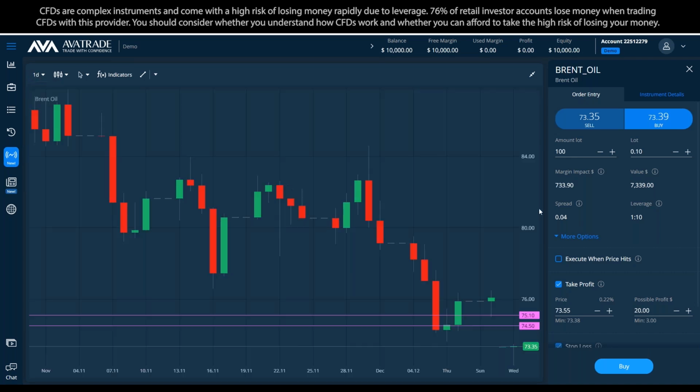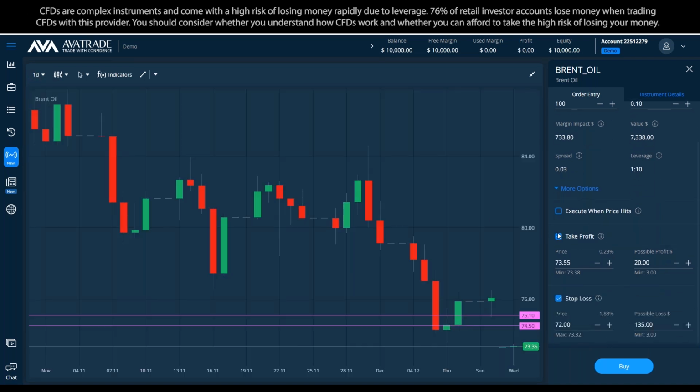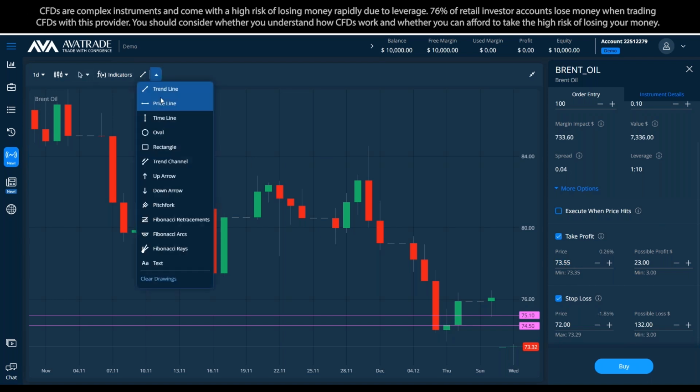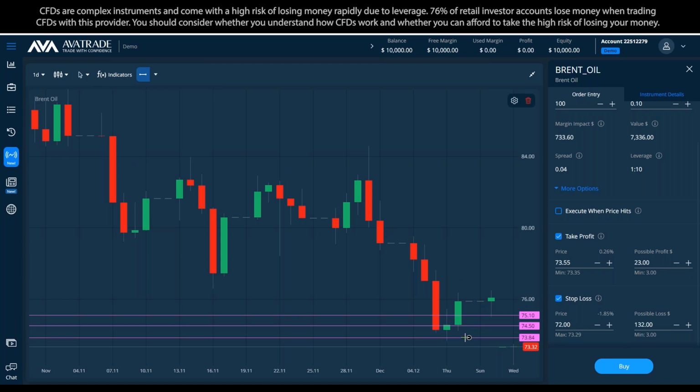The time frame, if I wanted to analyze, there we go. Everything is already here. I have the take profit 73.55. That's interesting. Might not want to keep it this way.